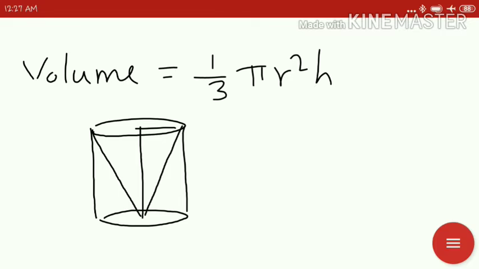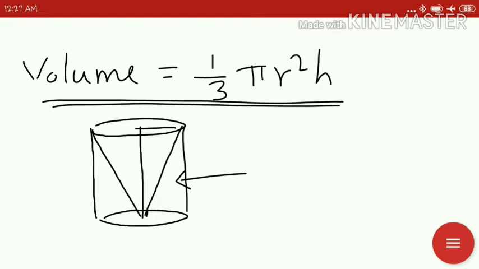If you want, you can prove that this right circular conical part is exactly 1/3 of the total volume of the cylinder. That's why the volume of a right circular cone is 1/3 pi r square h.